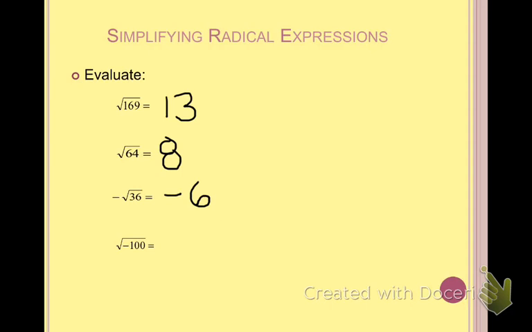The square root of negative 100. Some people want to say that the answer is 10 or negative 10, but in our case the answer would actually be no real number. There's no number that when we multiply it by itself, or when we square it, would give us an answer of negative 100.